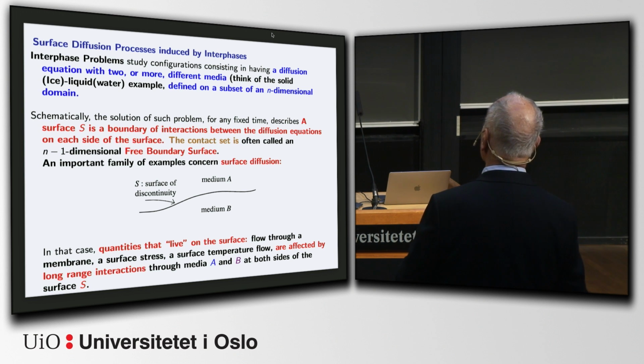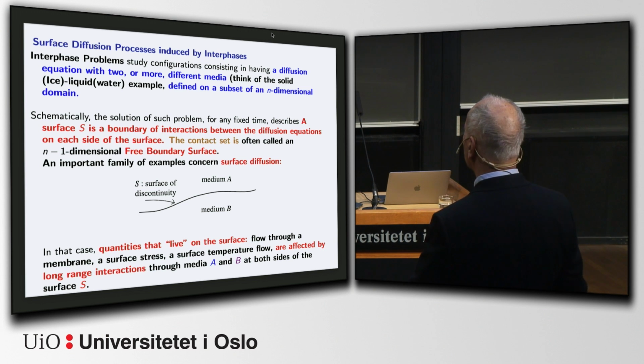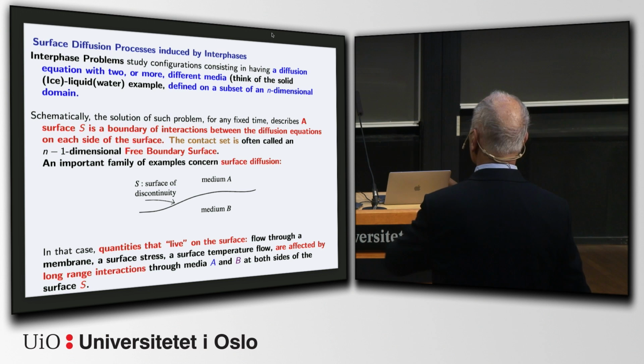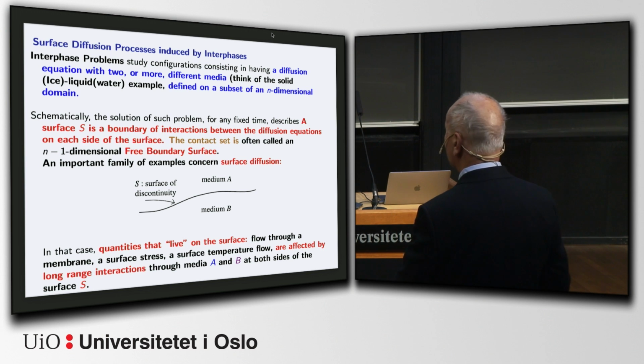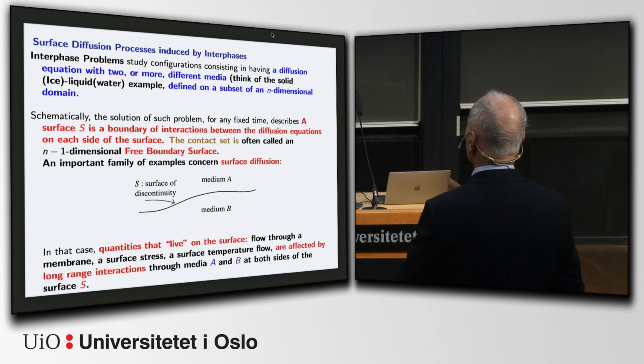In other words, I have this medium A, and we have medium B, and then this separation that may evolve in time, as we can see. So we have this free boundary surface, as it is called.